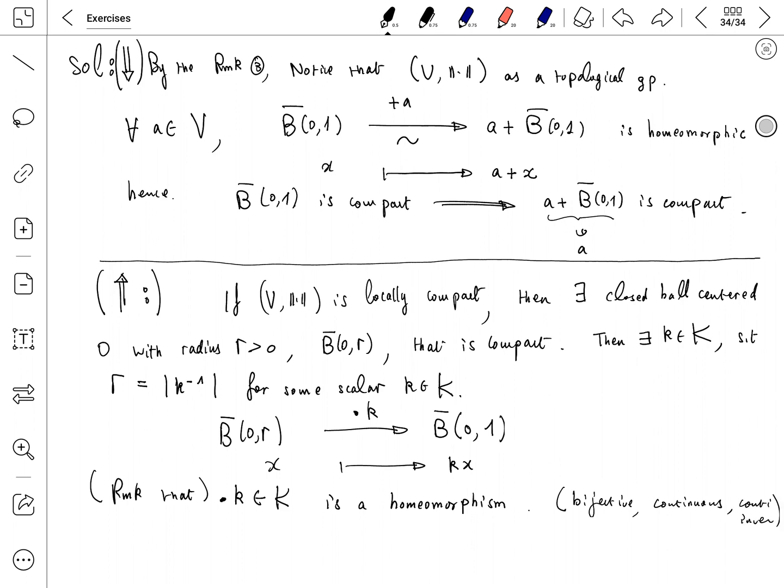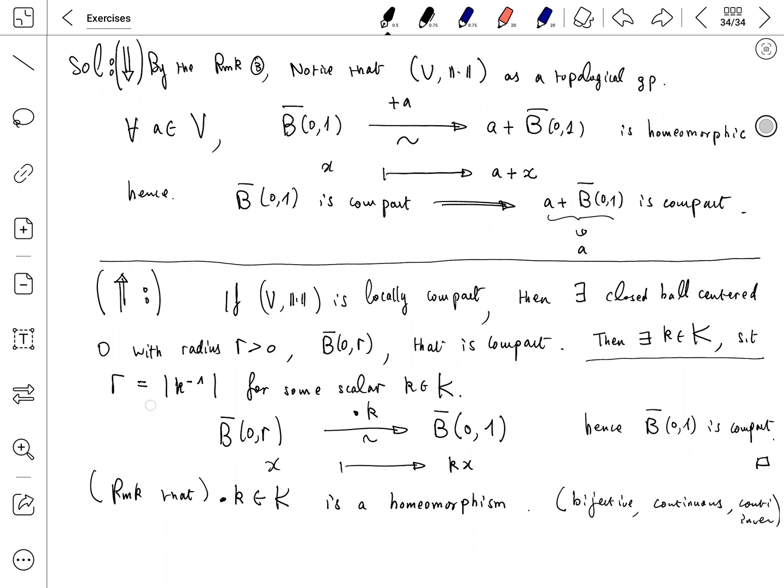So this is a homeomorphism, and so the first being compact implies that this is compact. And so we are done. So let's stop here for a while.